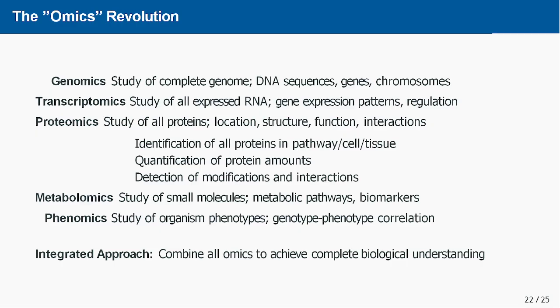It gives rise to quantification of protein amounts and detection of modifications and interactions. Then metabolomics is the study of small molecules, metabolic pathways and biomarkers. Then phenomics is the study of organism phenotype, and genotype-phenotype correlation. All these combined give rise to an understanding of biological processes.